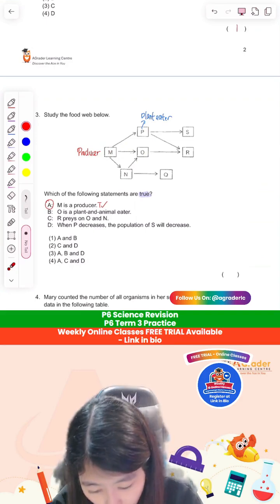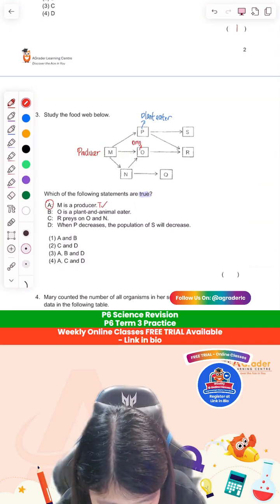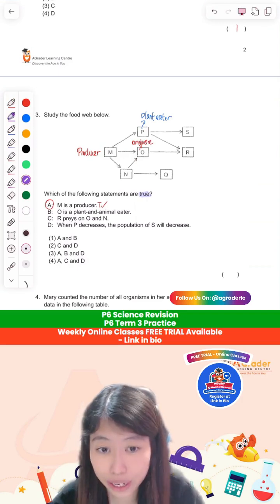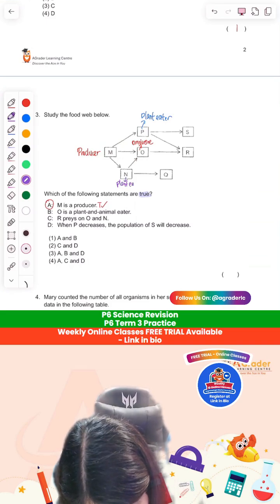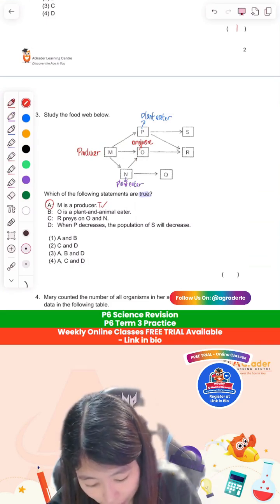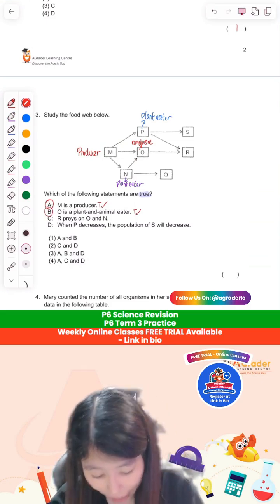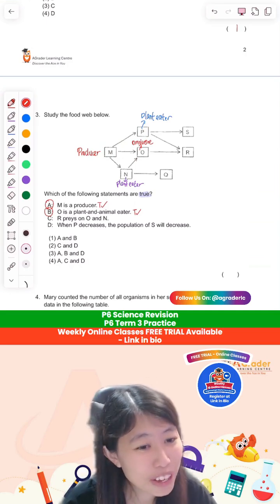All right, so O eats both. We call it an omnivore. And N is actually a plant eater. So B would be correct, where they say that O is a plant and an animal eater. Thank you for all your answers, everybody.